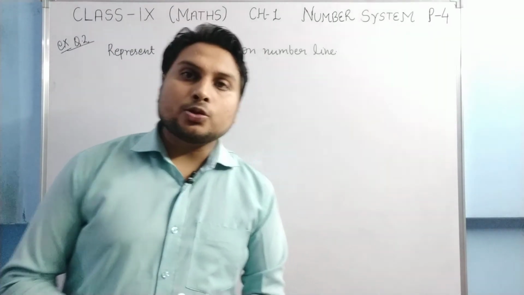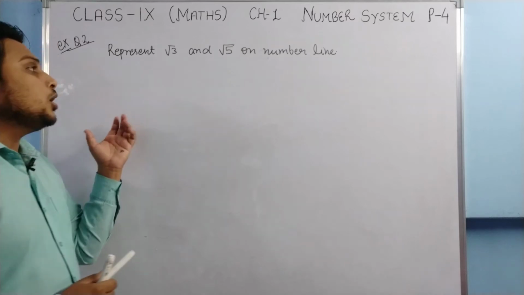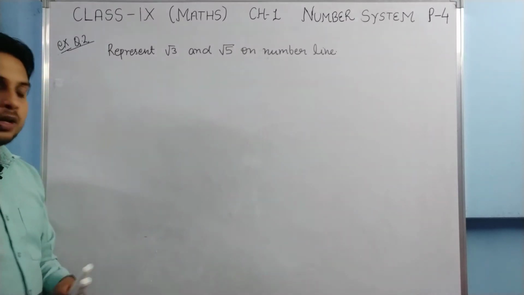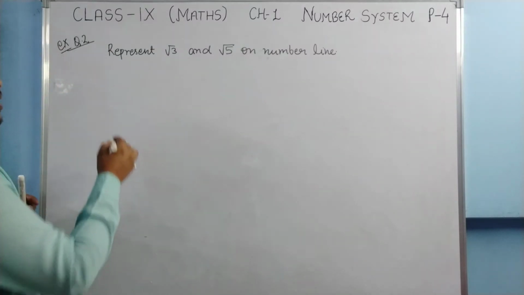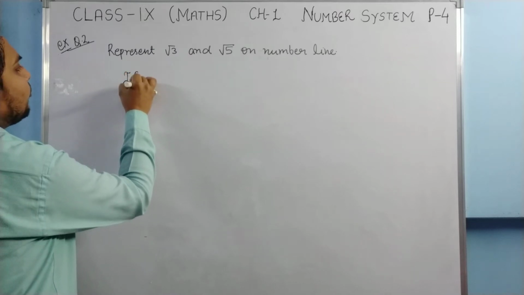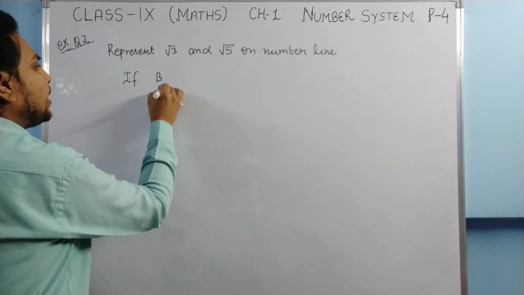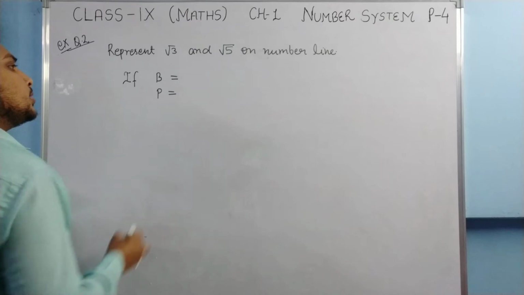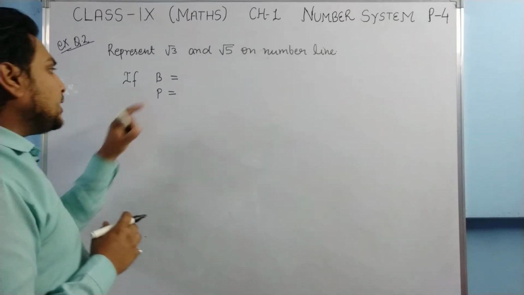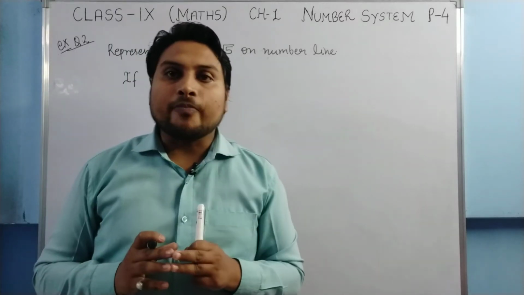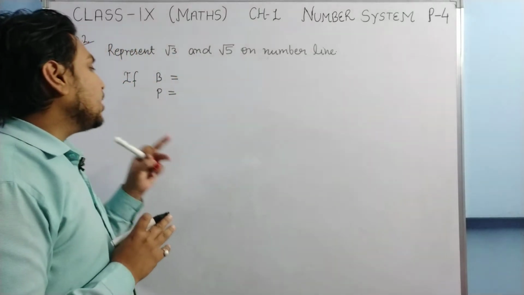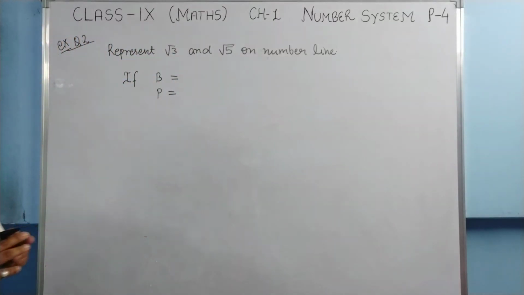So this time, students, we have to show root 5 on the number line. Again we have to take the values of base and perpendicular such that when we put these values in the theorem of Pythagoras, we will get the value of hypotenuse as root 5.